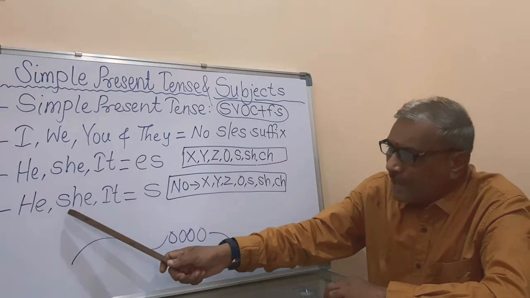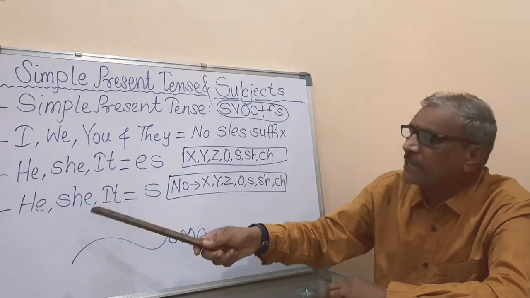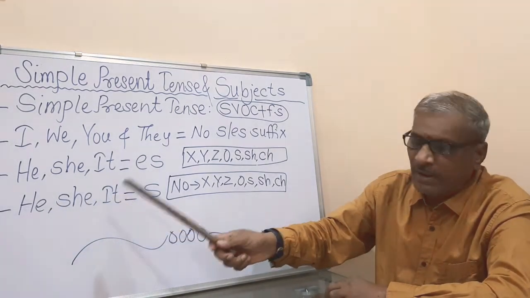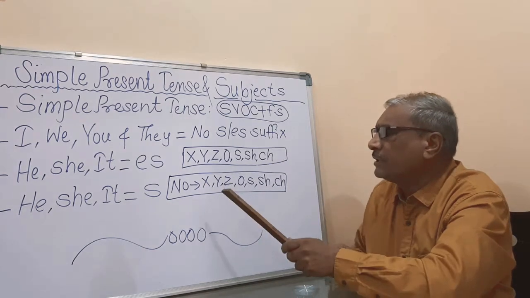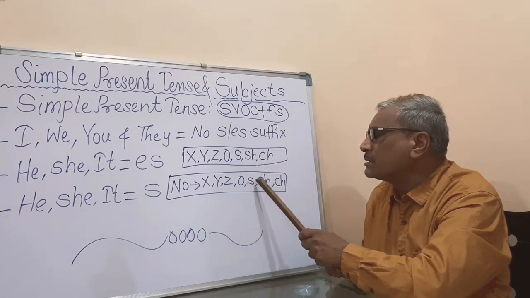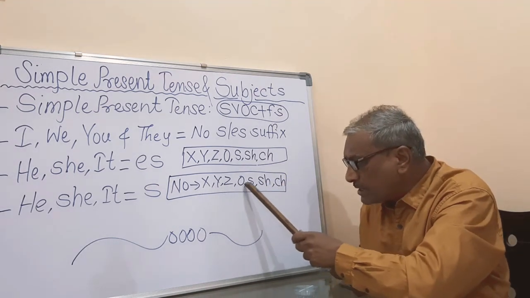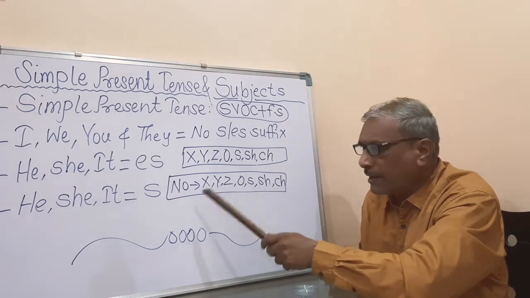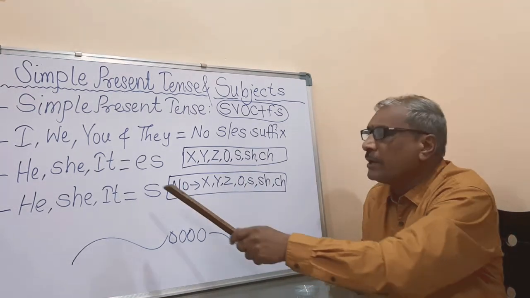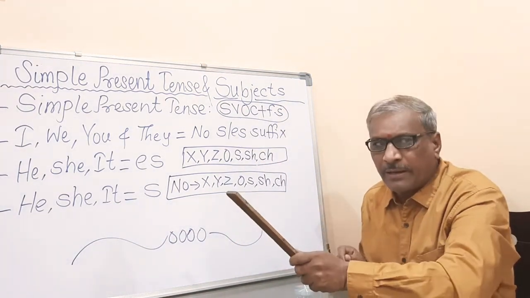So the last rule of this simple present tense is that if the subjects are he, she, it, and if X, Y, Z, O, S, SH and CH, these alphabets are not there at the end of the verb, then we use the S suffix with the main verb. Remember the rule again.